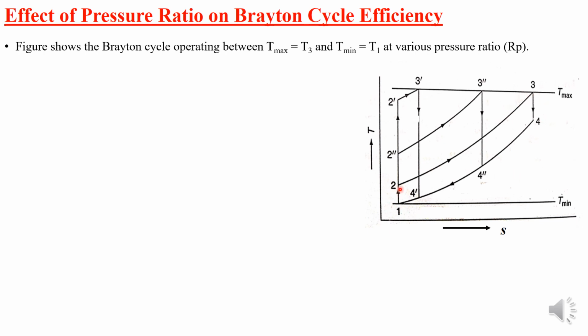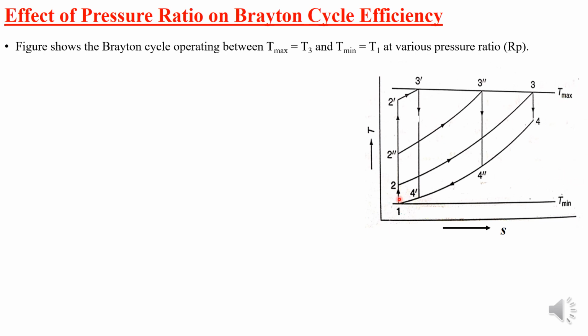If you increase the pressure ratio between the same temperature limits, that is the maximum and minimum temperature limits, and keep on increasing the pressure ratio, we have to check what will happen to the efficiency, or get the maximum pressure ratio in terms of the maximum and minimum temperature.